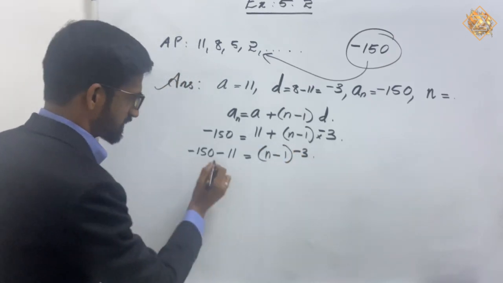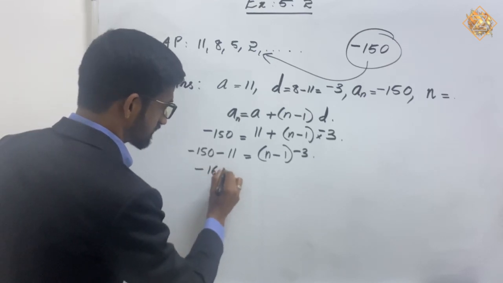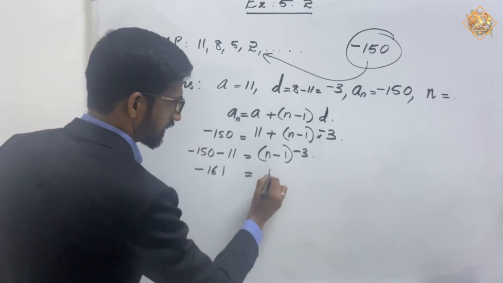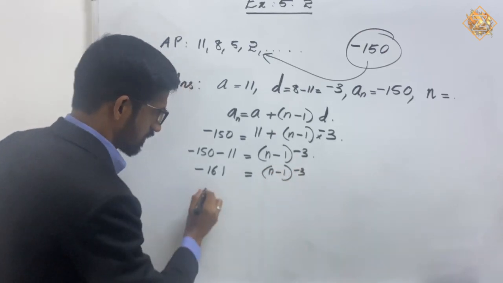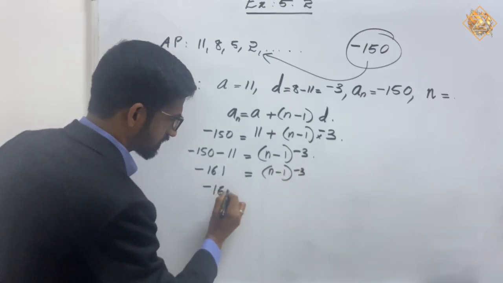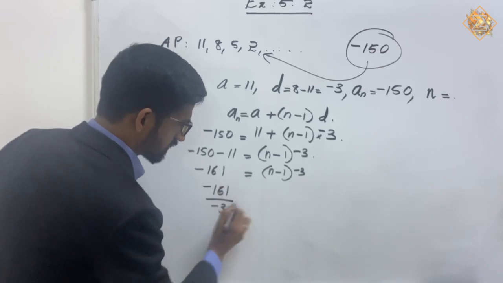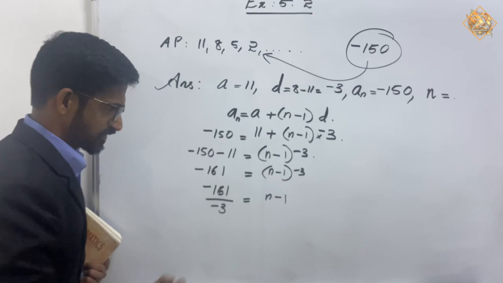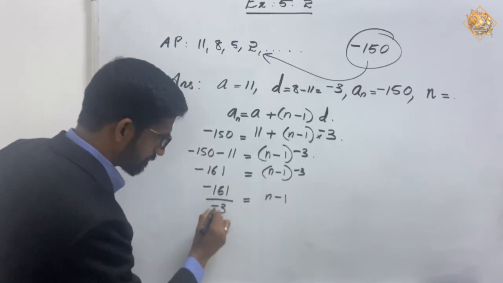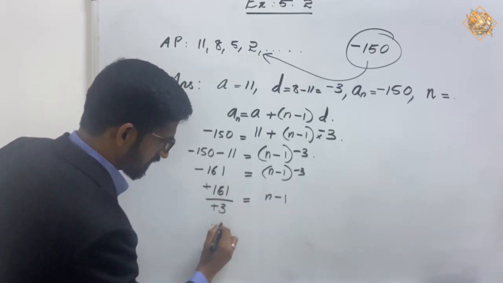So subtracting this, we will get minus 161 equal to N minus 1 into minus 3. Minus 161 by minus 3 equal to N minus 1. So finally, this can be positive.